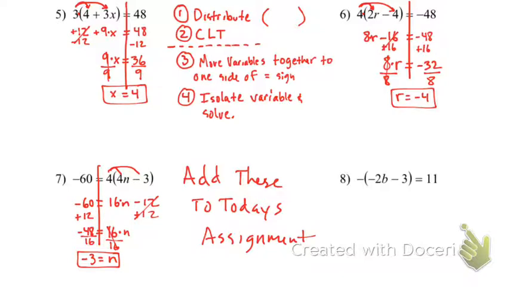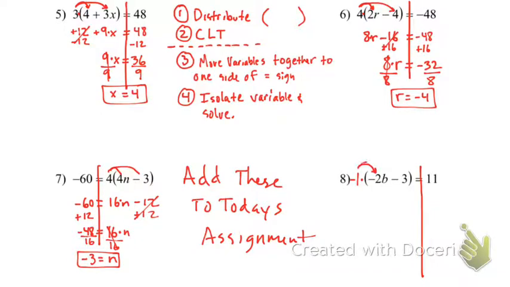Cool. All right, and then the last problem here, number 8. What we have to understand about number 8 is this negative here. I'm going to change it because I want you to understand what it really means. This negative sign is really a negative 1. So I like to put negative 1 like that. So we're really going to multiply in a negative 1 on the left side.